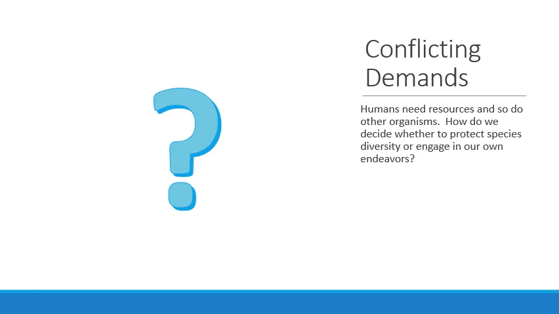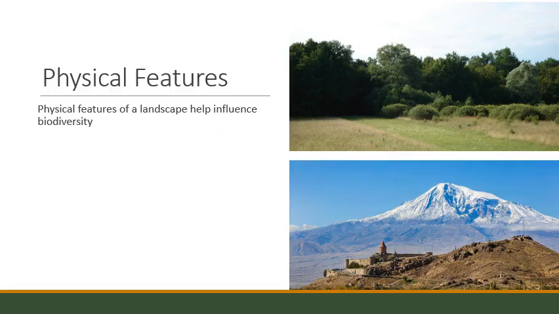The issue becomes, how do we balance? How do we decide when we protect species or when we engage for our own benefit? At what point does protecting a species benefit us more than harming that species? So we have these conflicting demands we need to balance. We need to balance this biodiversity.